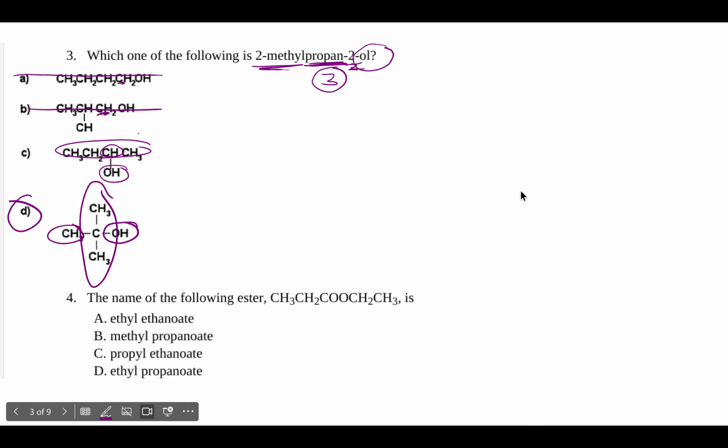For number 4, name the following ester. Here, if we were to take a look and draw it out, this is where our ester functional group is. So carbon double bonded to an oxygen, single bonded to an oxygen. And this chain over here is connected to that. And this part over here is connected to the carbon that's double bonded to the oxygen.